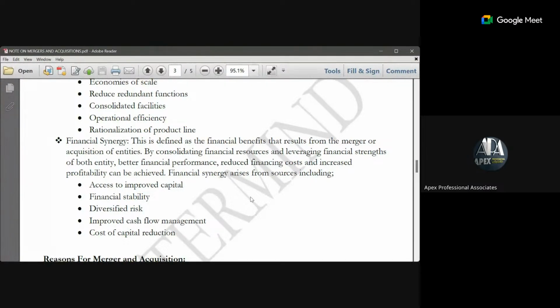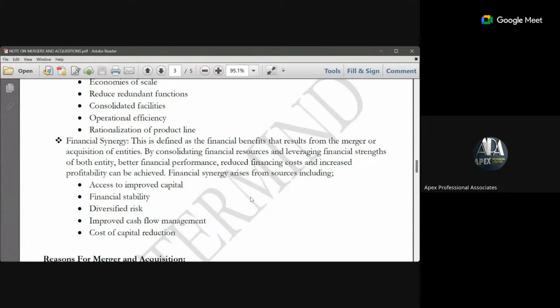We also have diversified risk. It helps companies diversify their risk. That is, they will be able to operate in this sector, and they will also be able to operate in that sector, and ensure that if sector A is not bringing in income, they can survive with what is coming from sector B. At the end of the day, they are able to reduce their risk of loss.